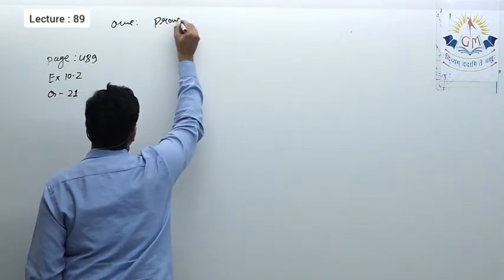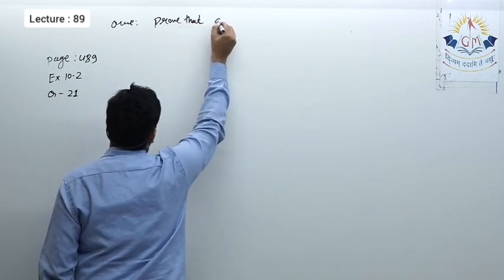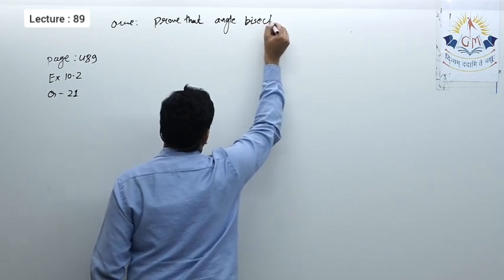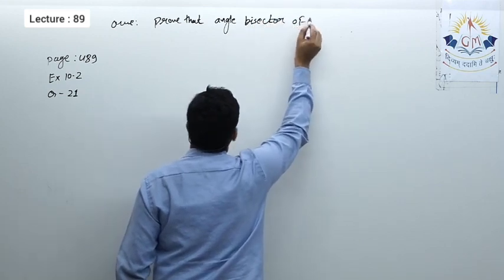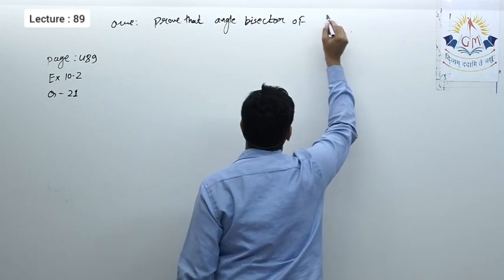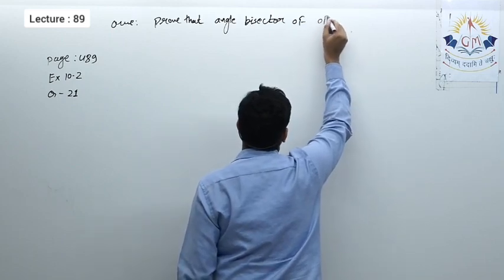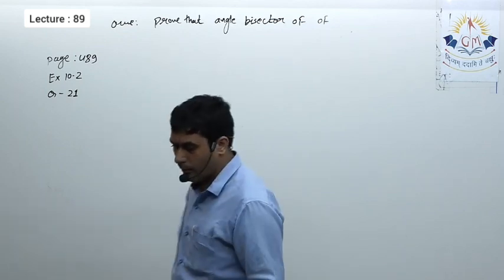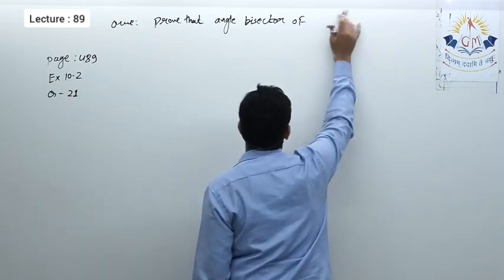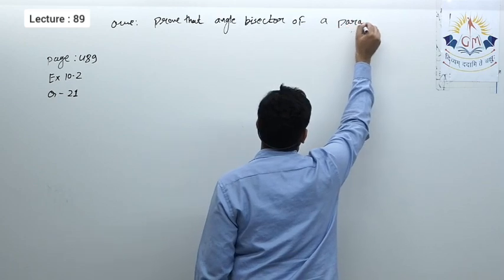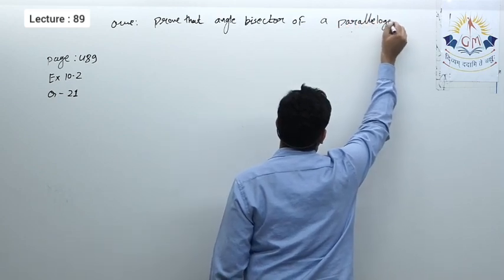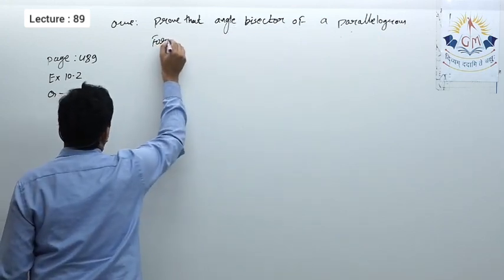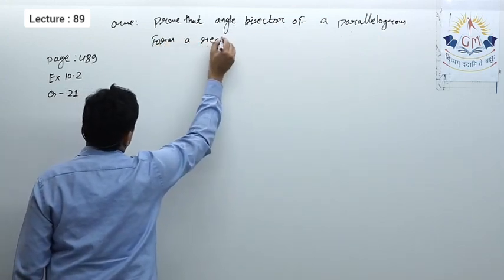Prove that the angle bisectors of a parallelogram form a rectangle.